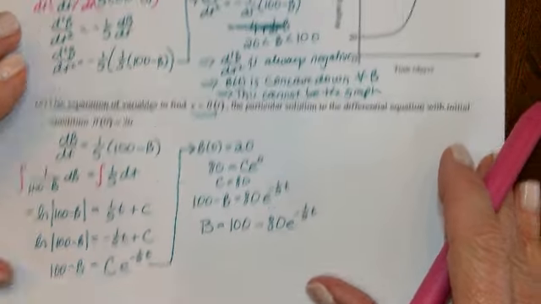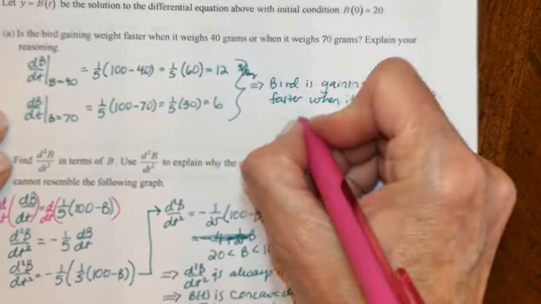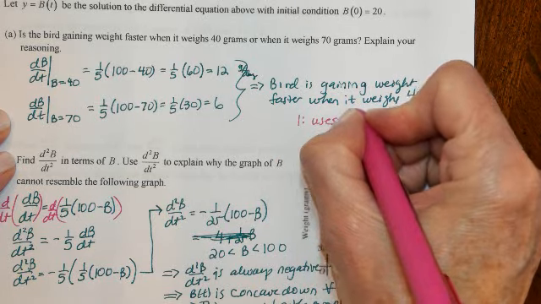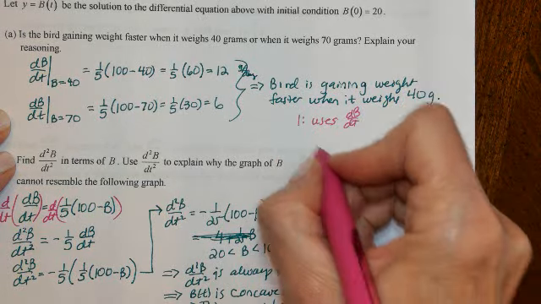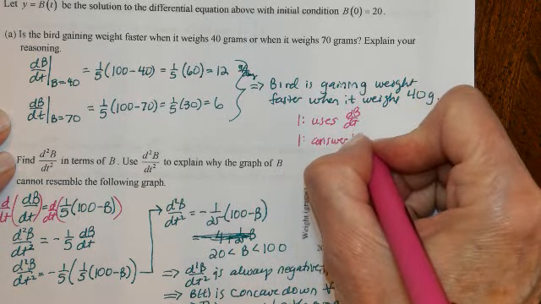Okay, let's take a look at how this was scored. In part A, they gave 1 point for uses dB dt, 1 point for that, and 1 point for your answer with reason.